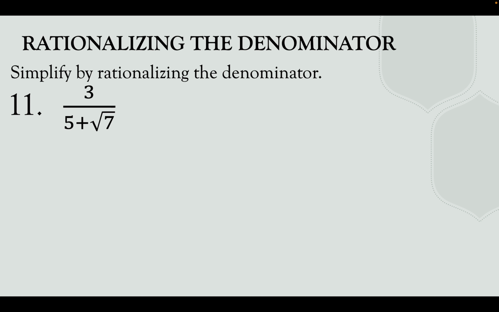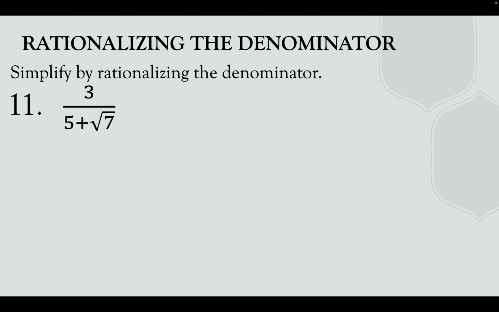Next example, we have here 3 over 5 plus square root of 7. Now, in our first slide, class, we indicated that if the denominator of your radical expression is a binomial, that means we have two terms. We have here the denominator 5 plus square root of 7.